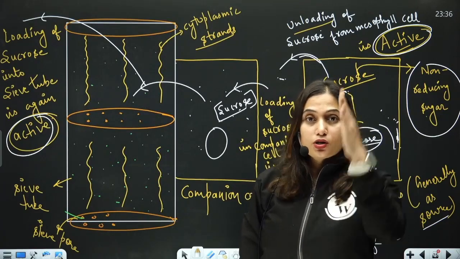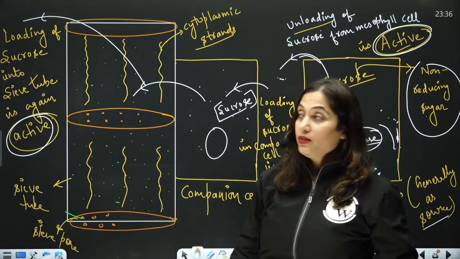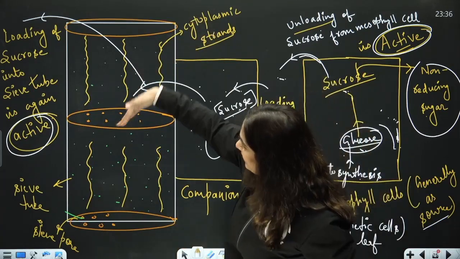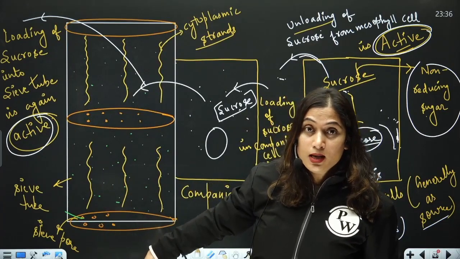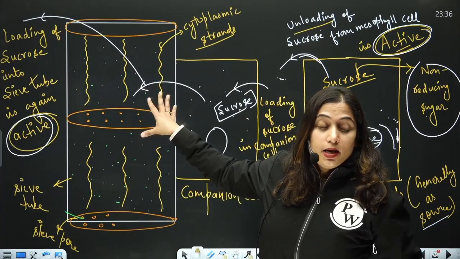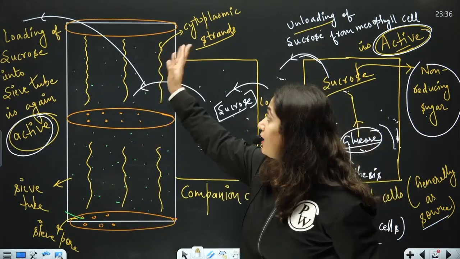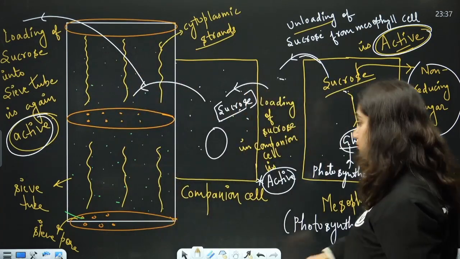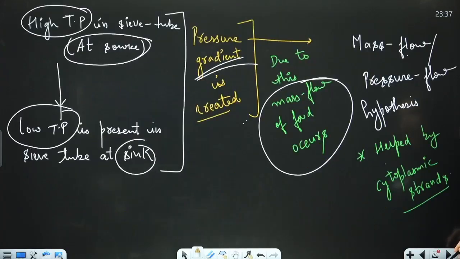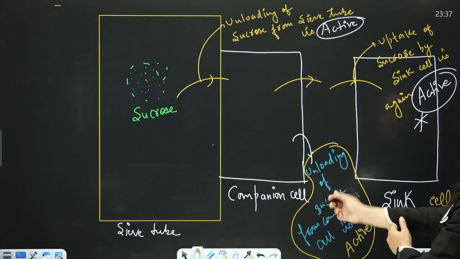The water across xylem is apoplastic because xylem is dead, but the movement of phloem sap inside the sieve tube is symplastic. That doesn't make it active. It is done with the help of mass flow, but it may be helped by the cytoplasmic strands also. Clear? Okay.